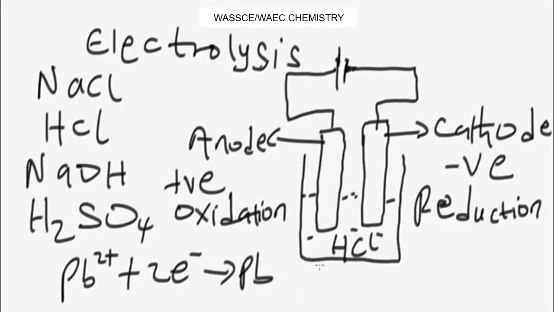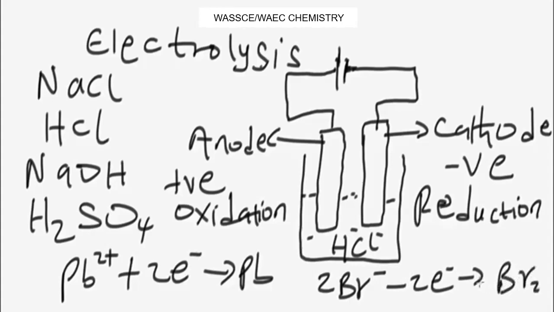Whereas a bromide ion, bromine is a non-metal, right? So it will have a negative charge. So a bromide ion will lose 2 electrons to form a bromine molecule. This is basically what's happening in an electrolytic cell.